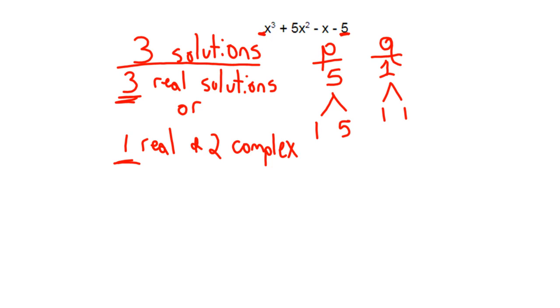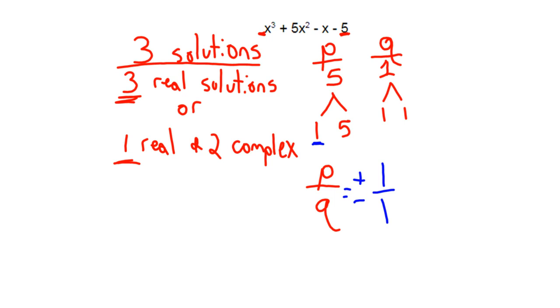Now the possibilities are going to be any factors of p over any factors of q. So we could start with p, and use 1 as our leading factor. So our real number could be 1 over 1. And we have to include positive and negative here, because it could be a positive 1 over 1 or a negative 1 over 1.